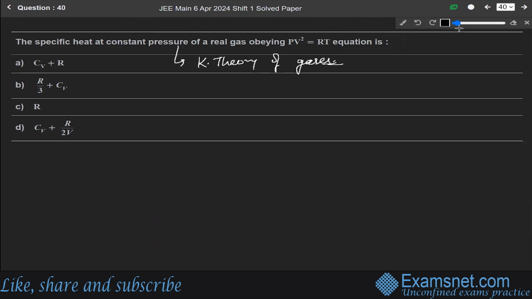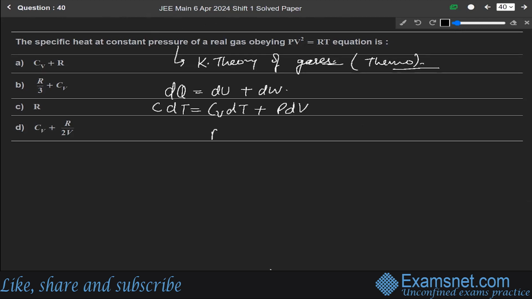So for solving such type of question, we will use the law of thermodynamics, that is the first law of thermodynamics, dQ is equal to dU plus dW. Okay, so for dQ we can write C dT is equal to Cv dT plus P dV. Okay, and we are given PV square equals RT.